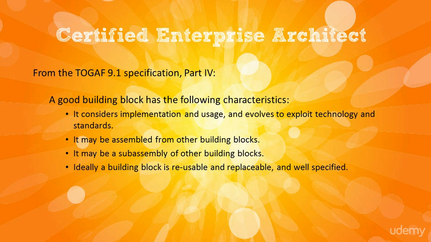You've used the customer service building block in a previous architecture, and once you've added the ability to respond to tweets, that function is implicitly part of it. It can be assembled from other building blocks, like I said. It may be a sub-assembly of other building blocks, so the vice versa.